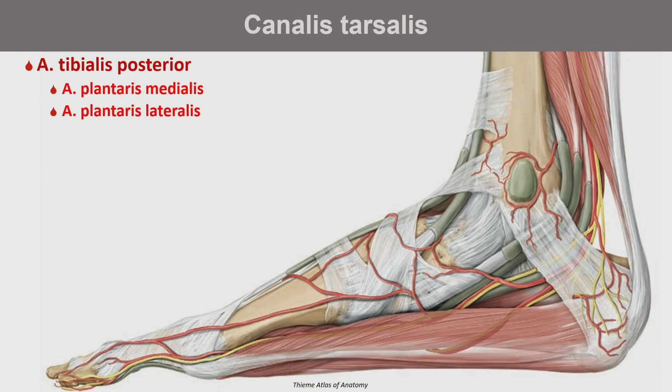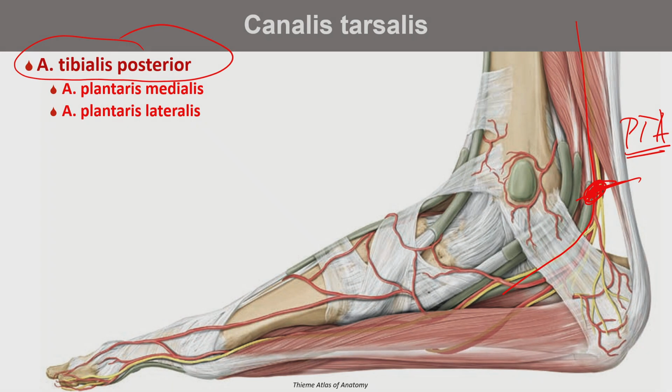The plantar part is mainly supplied by the posterior tibial artery. The posterior tibial artery is going in the canalis tarsalis, so this is one of the structures which could be seen behind the medial malleolus. And there is a site where we can also palpate the artery. So this is the posterior tibial artery. Here we can touch the pulse.